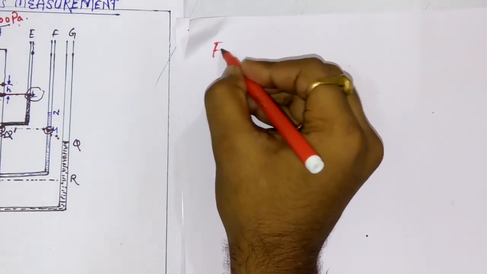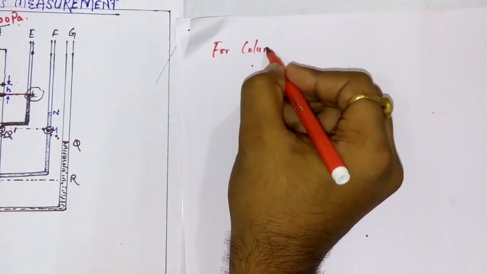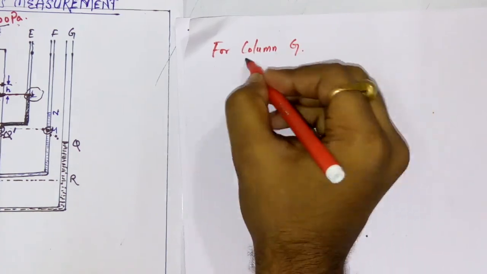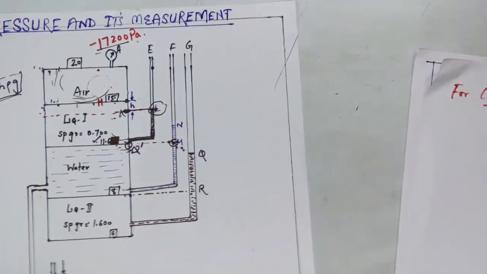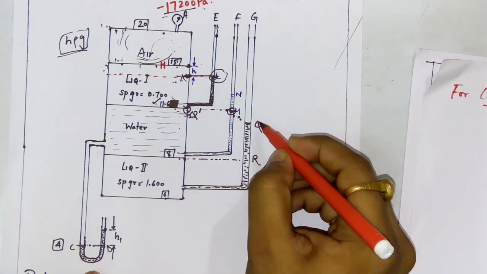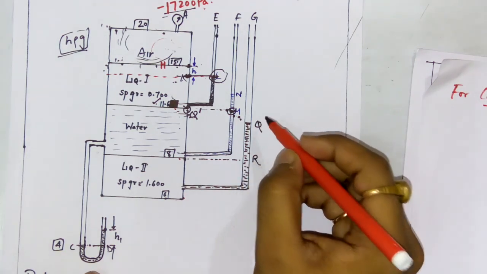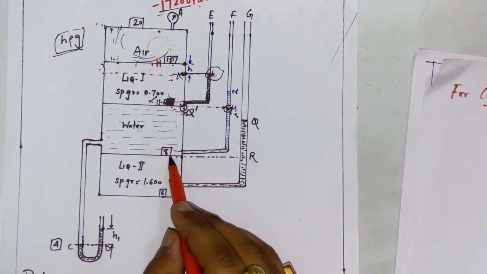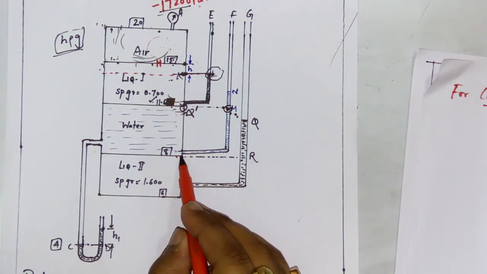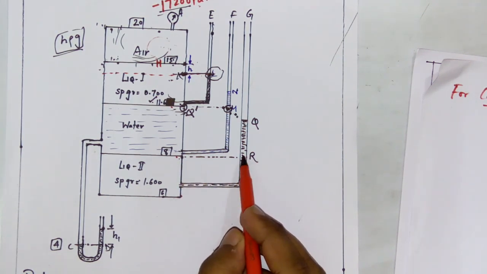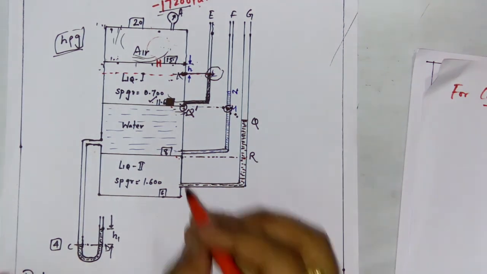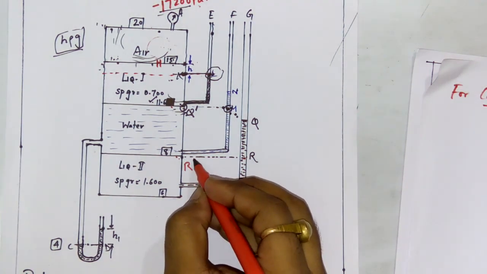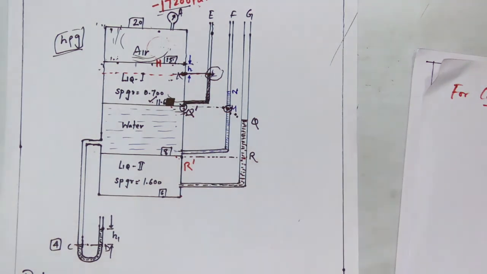Now for column G, we need to find this elevation, that means Q. How to find this? It is very simple. I will equate the pressure at this point and this point. Let me write this point as R dashed, just giving it a name.